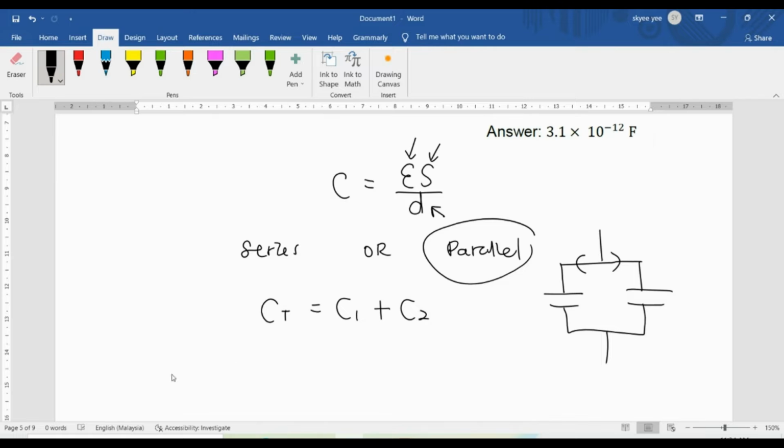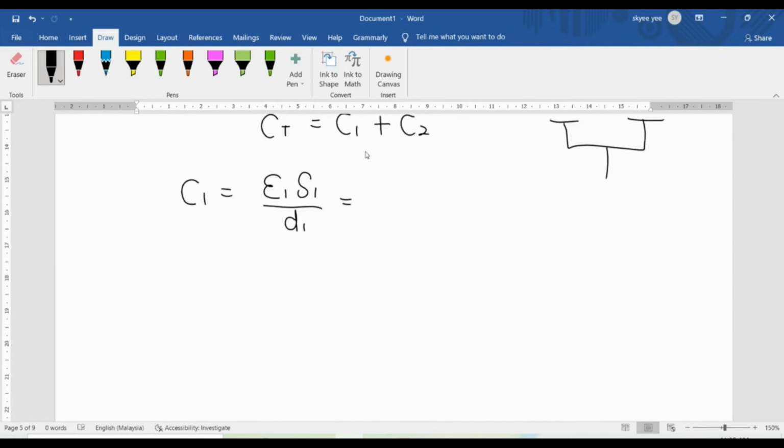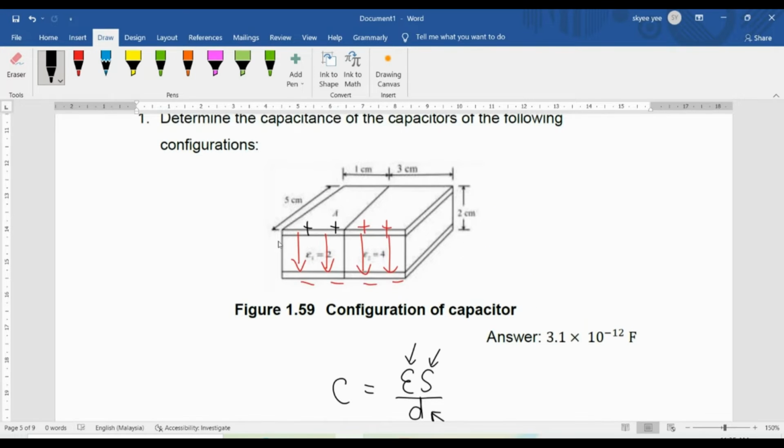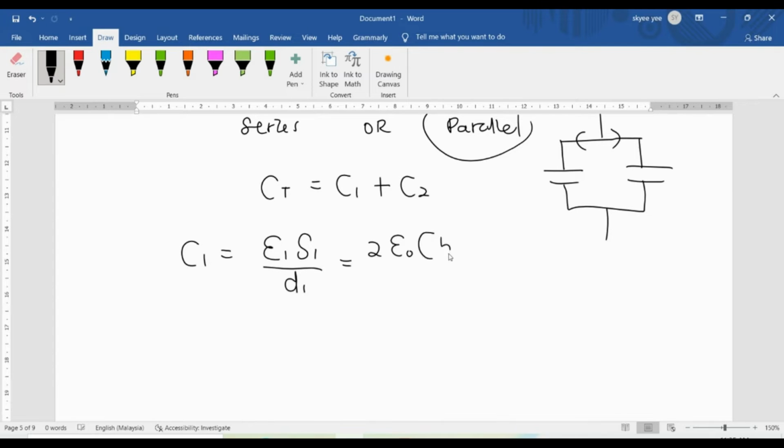So let's calculate C1. For C1, of course, you use epsilon 1, A1, and d1. Epsilon 1 equals 2, so you have 2 epsilon naught. A1 is the area of this part only, so the area will be 5 multiplied by 1, in centimeters.